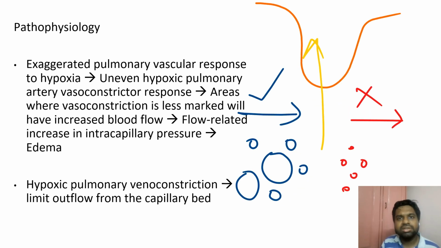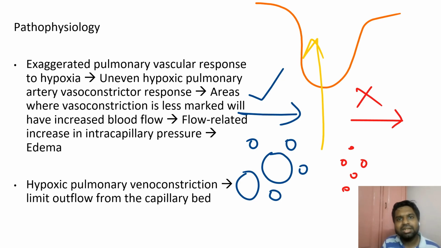If you see the pathology here, there is an exaggerated response to hypoxia. And when there is hypoxia, there is uneven pulmonary artery vasoconstriction. So you can see in the diagram how I depicted the pulmonary arteries in blue because they carry deoxygenated blood, and now there are a few vessels that are constricted and a few vessels that are not.